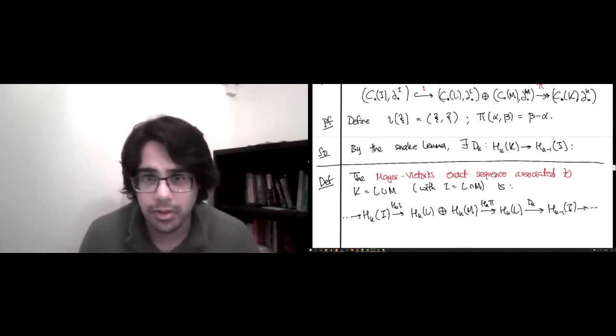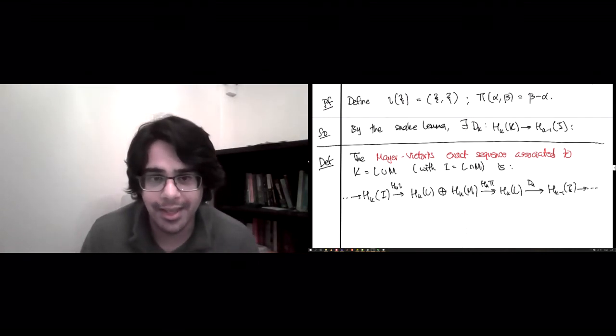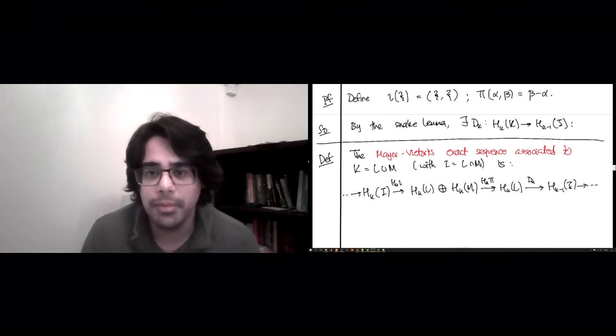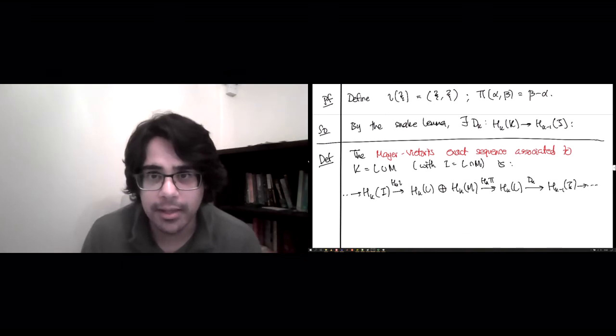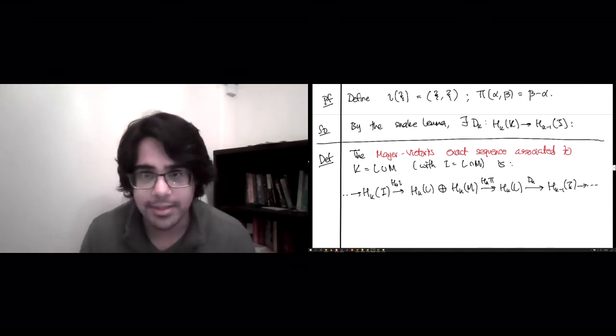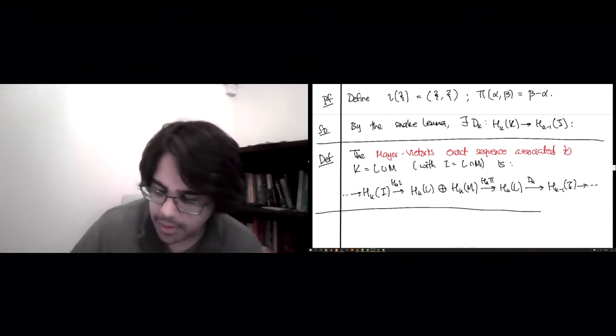This is the Mayer-Vietoris long exact sequence, and this is an extremely powerful tool for trying to figure out the homology of complicated spaces, provided you can break them up into subcomplexes that are relatively easier to understand.